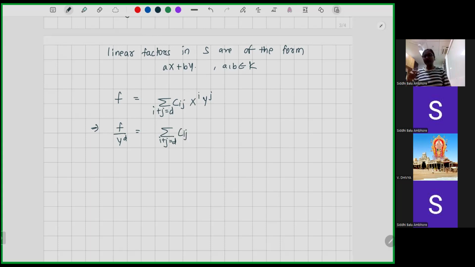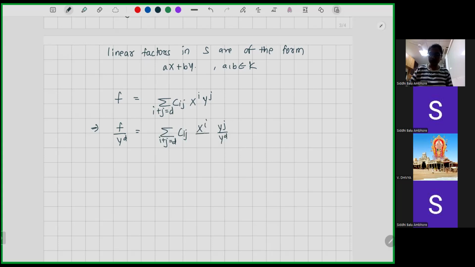When I divide by y^d on the right-hand side, this becomes x^i, and here it is y^j by y^d. But this becomes y^i together, because i plus j is D.